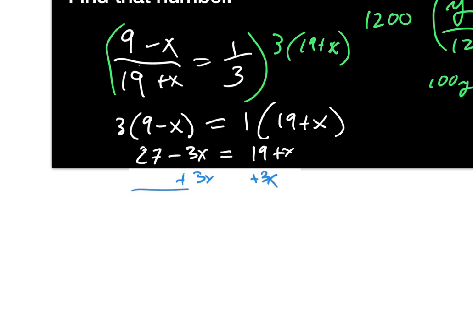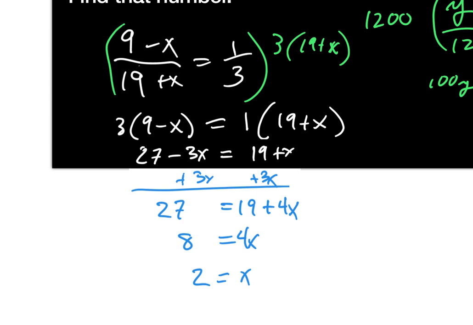Add 3x to both sides. I'll have 27 equals 19 plus 4x. 4x equals 8, 27 minus 19. x equals 2, which was our guess and check.